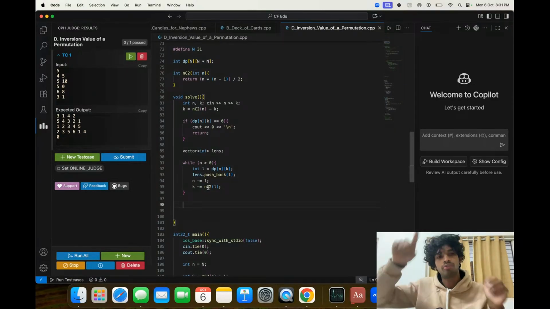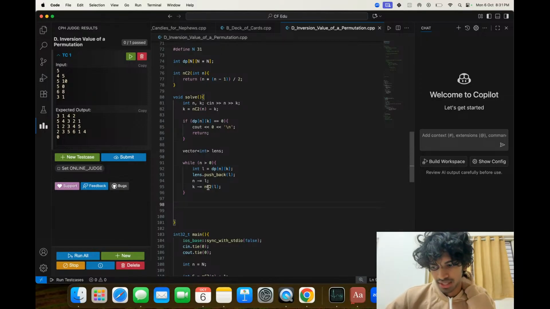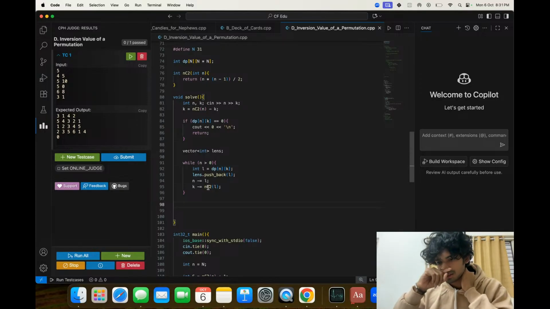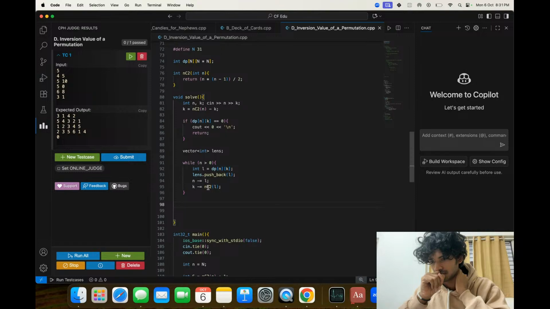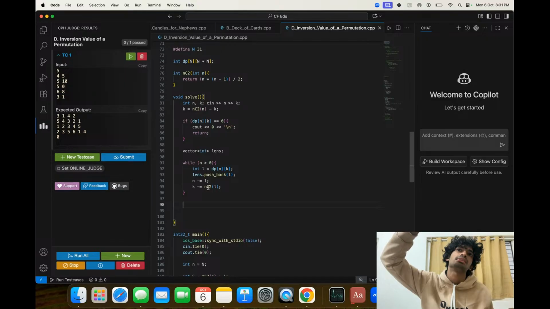With these lengths, you have to form a permutation. Increase, decrease, or something like that, right? Increase, and then you will decrease once. How can I do that? Let's say you have everything increasing.